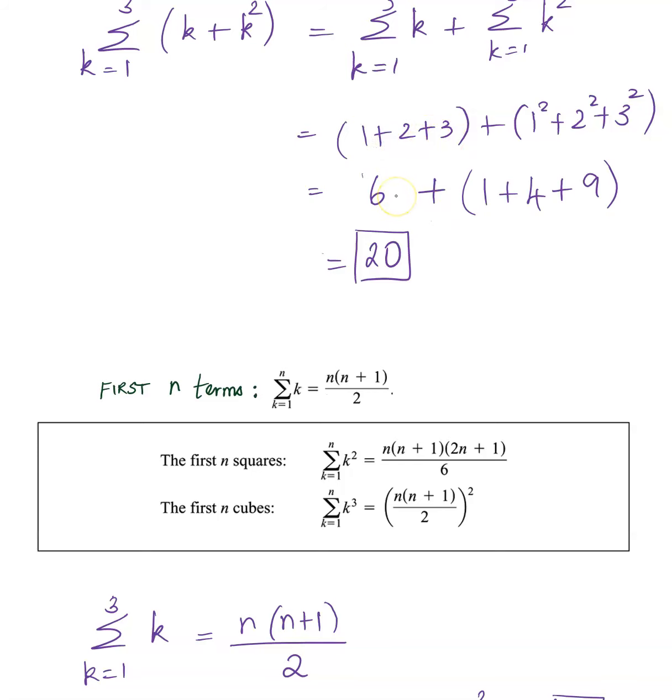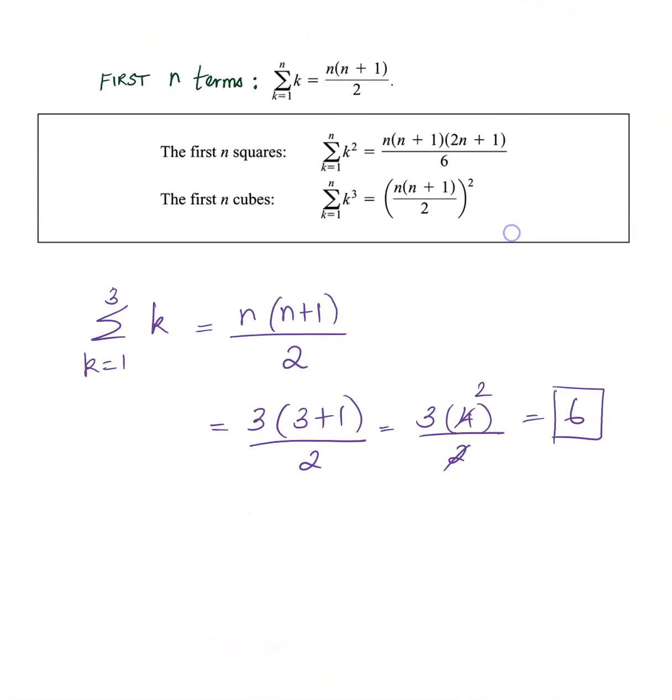That seemed quicker than the formula, but you'll appreciate this when you have to do, say, 1 through 5. That will be 5 times 5 plus 1, 6, over 2, and the answer is 15. And you see that's a lot quicker because you don't have to take too long to substitute them.